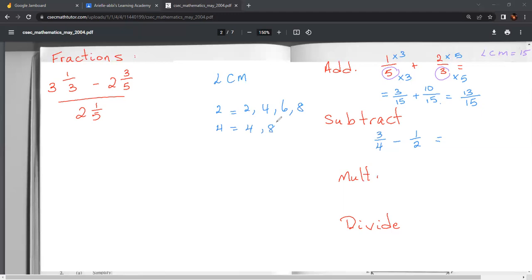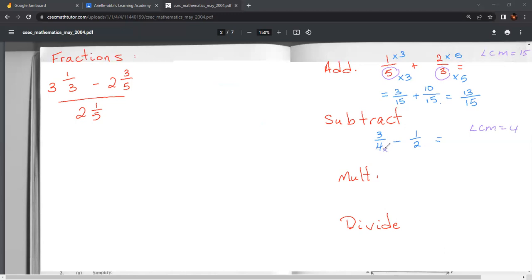Now, I can see so far that 4 is in common and 8 is in common, but I want to pick the lowest in common. So my LCM of 4 and 2 is 4. So what do I do to the bottom to make this 4?